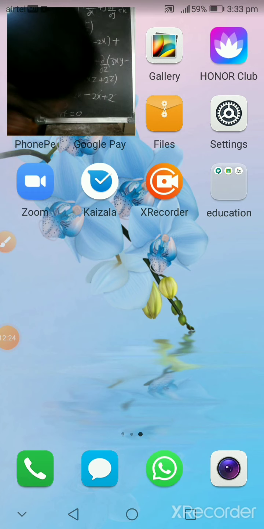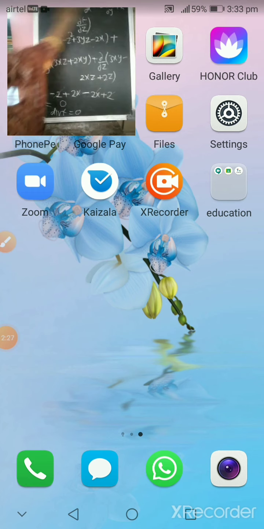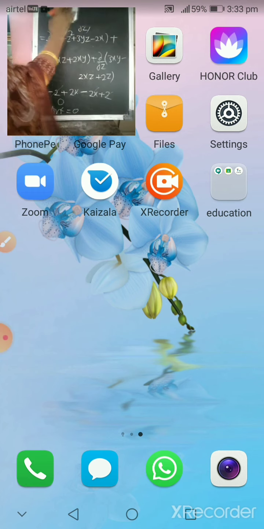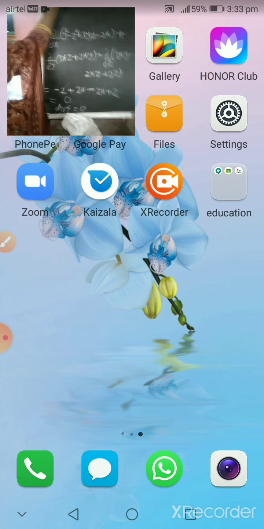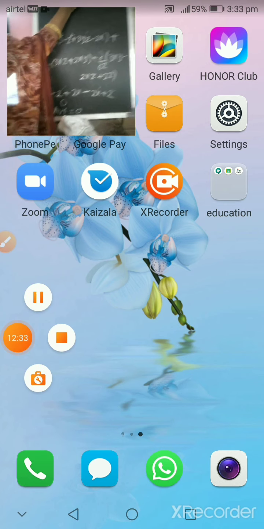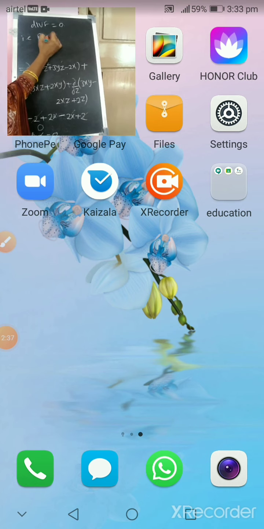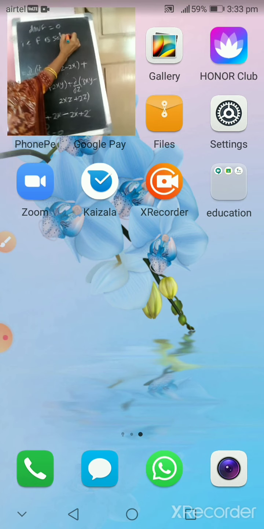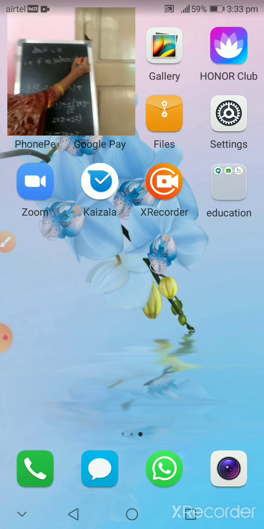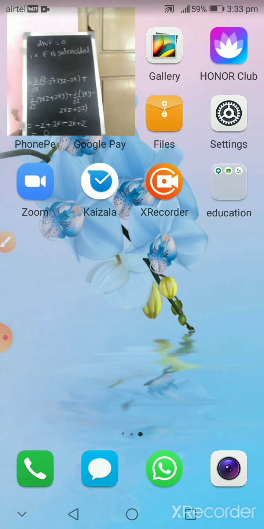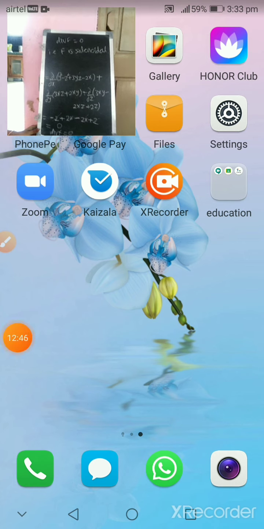So div F is equal to 0. Then F is called what? F is solenoidal. Therefore div F is equal to 0, so F is solenoidal. So this is one. Understood?